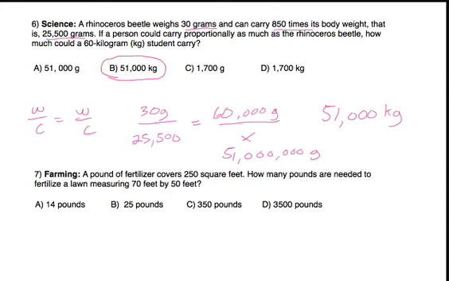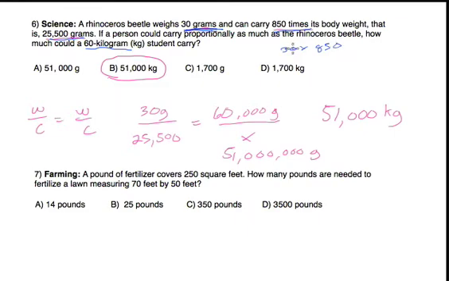However, I did all of that, but some of you might have noticed, if a rhinoceros beetle weighs 30 grams and can carry 850 times its body weight, and a person can carry proportionally as much, and they weigh 60 kilograms, if you know the weight of the beetle, how do you know how much the beetle can carry? 30 times 850. Doesn't matter about the units.